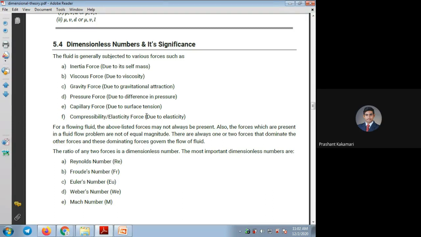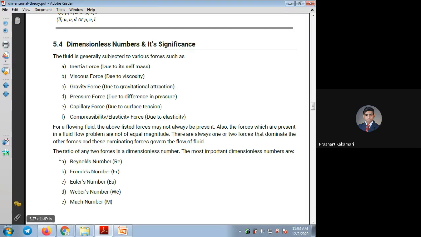Just by taking these numbers, one can decide what type of phenomenon is happening with respect to fluids. Now coming to the forces required to find these dimensionless numbers. One is the inertia force, due to the fluid's own mass, which is required to find all these 5 dimensionless numbers.